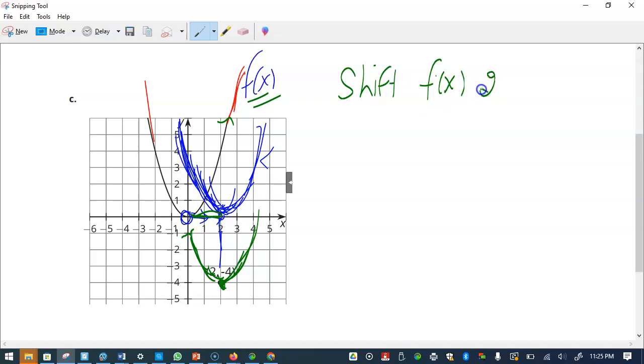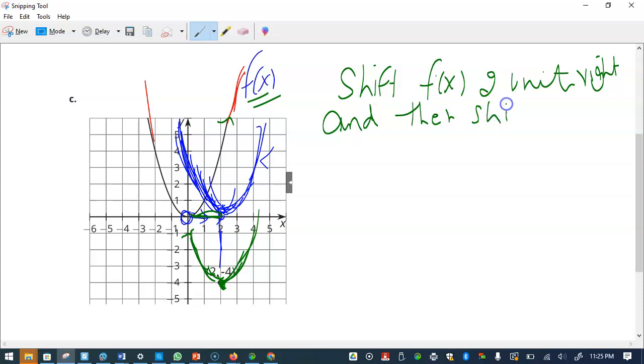So it goes 2 units right, and then shift 4 units down, 4 units down. That's it. So you go down.